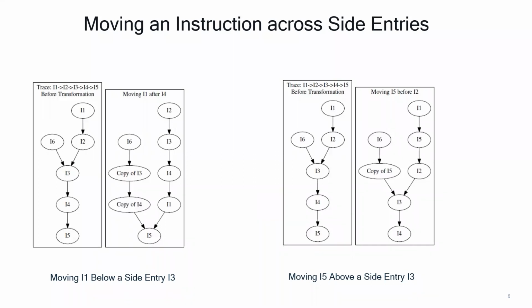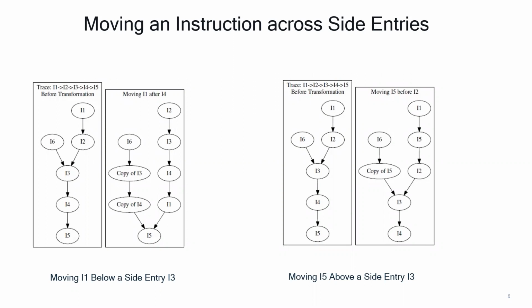Yeah, good point. I didn't see that. So if I1 can raise an exception, and we move I1 after I4, and then we take an off trace path, that is we don't follow this trace, but we enter I3 through I6, then what will happen?